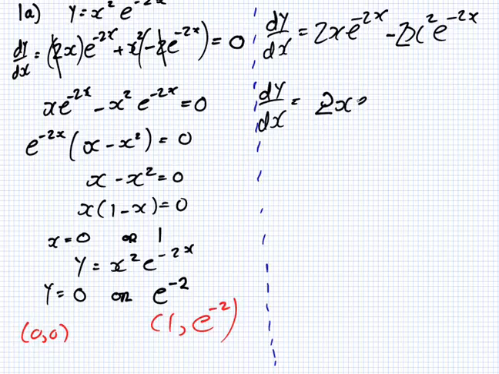Take out the 2x e^(-2x), and that will leave me here with 1 minus x. Okay, it's not really much easier. In fact, it's not easier at all. So it has no point in factoring it. It didn't make it any easier. So you can write that down if you want.